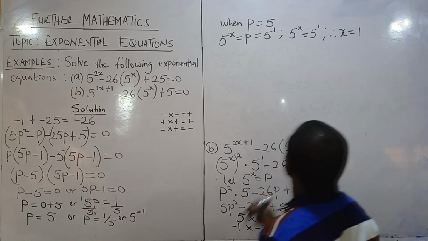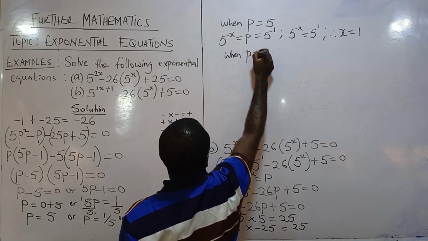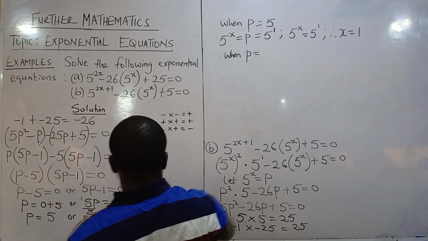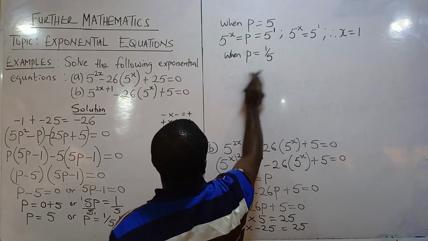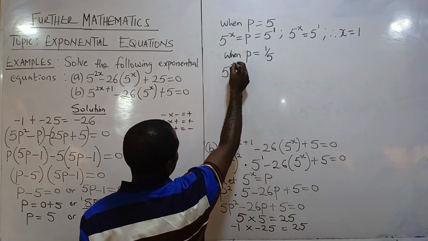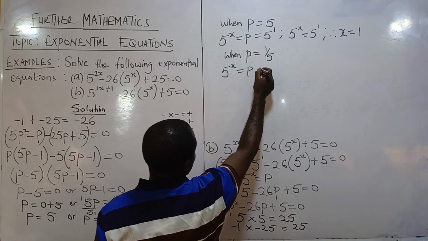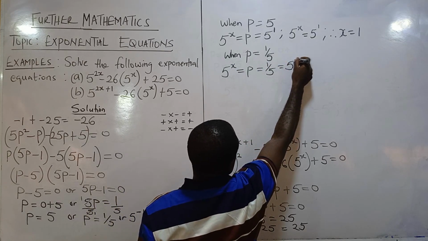Equate the index. Now when p equals 1 over 5, going back to the assumption, 5 raised to power x equals p, which is equal to 1 over 5, which is equal to 5 raised to power minus 1.